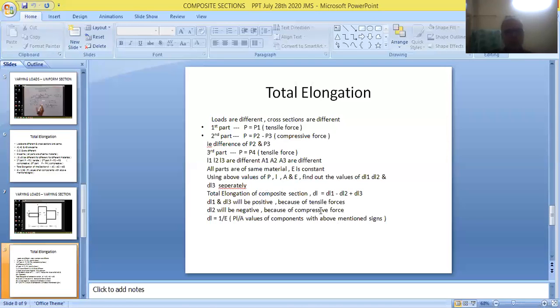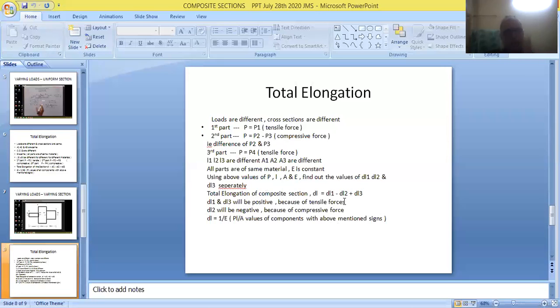And friends, DL is written as DL1 minus DL2 plus DL3. The first part is subjected to tension, so you put a positive symbol, as I've already told you in the previous slide. The third part is also subjected to tension, so you put a positive symbol.